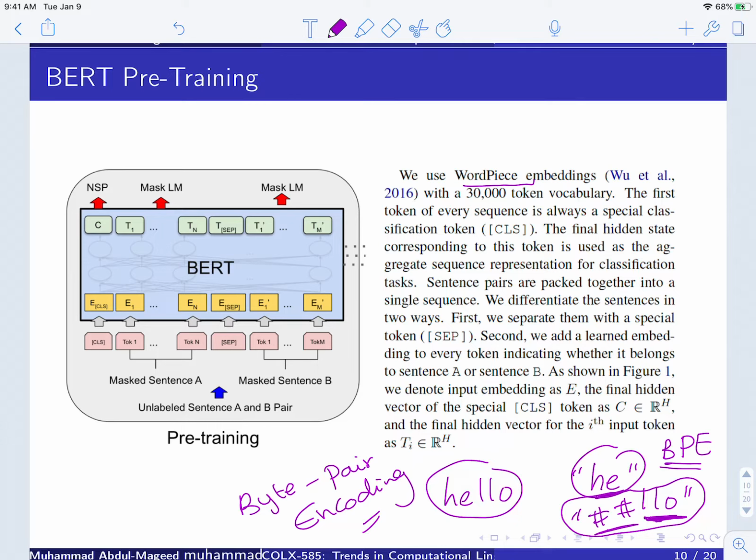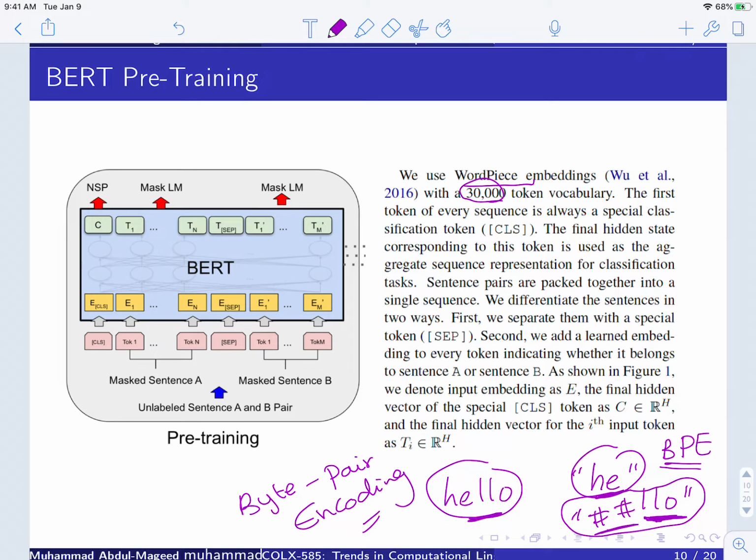The representation is based on subword components, such that lots of words can be captured by these smaller-level representations, byte pairs. Okay. They work with a vocabulary of 30k, like 30,000 tokens.